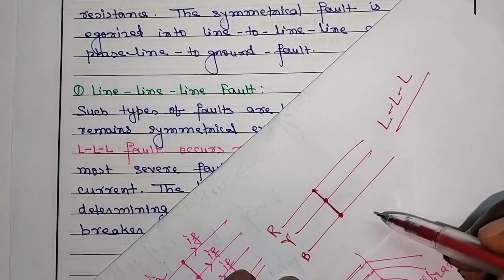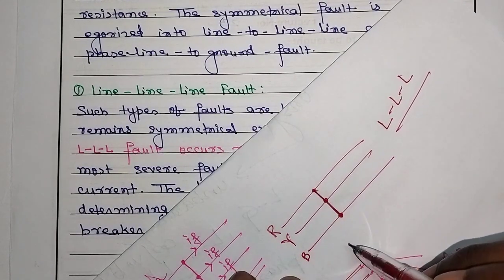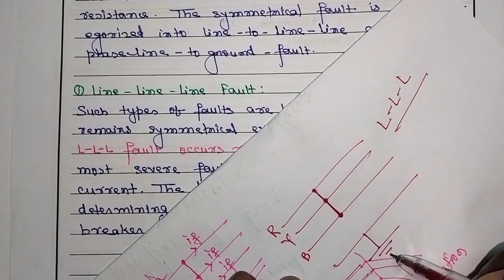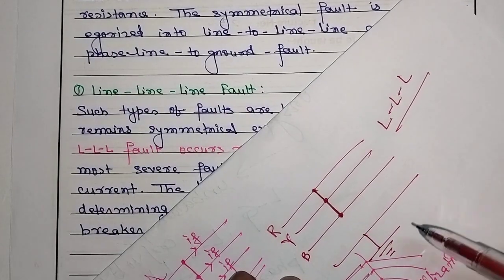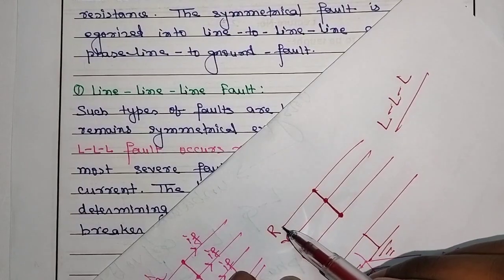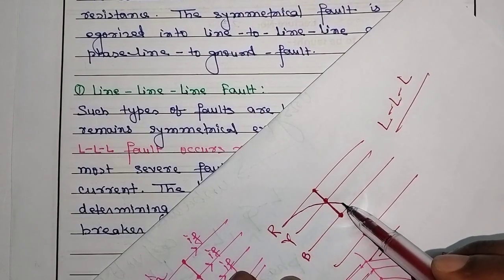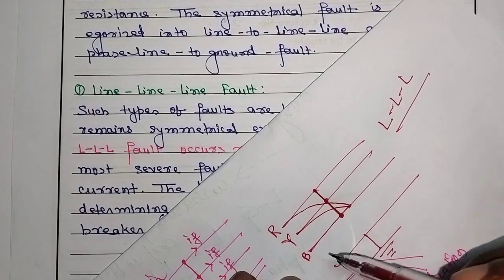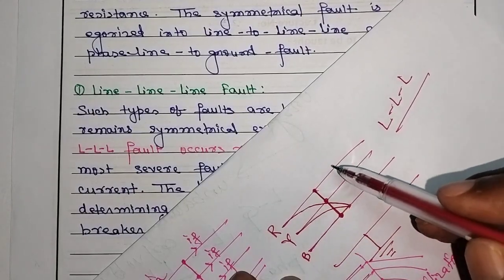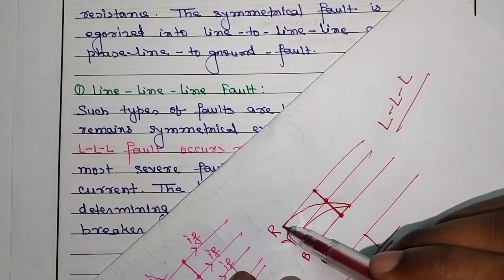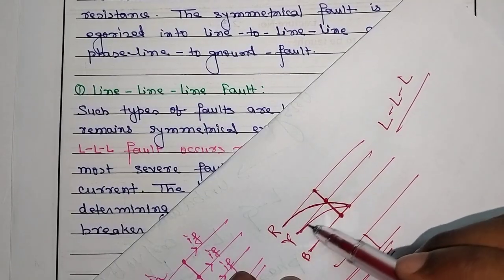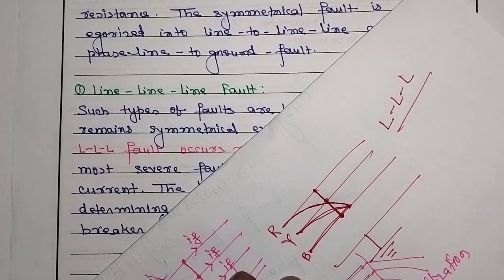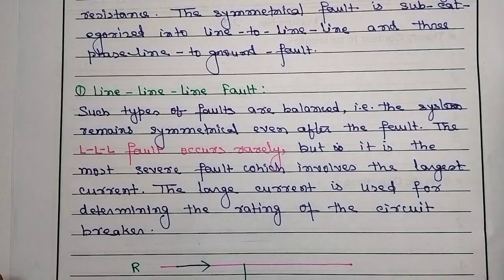But it is not grounded in this type of fault. Let us suppose the fault occurs at the tower and, because of this, all of them get touched at this point. Such type of fault is called the line to line to line fault.